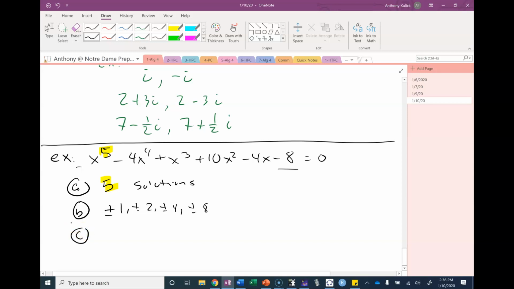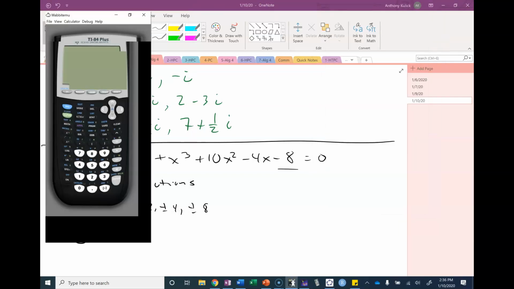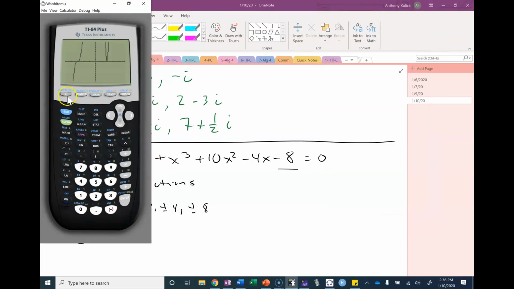Use your calculator to identify the likely real solutions. So I'll fire up my calculator here. All right, it just wants to be difficult. I have x to the 5th minus 4x to the 4th plus x cubed plus 10x squared minus 4x minus 8.